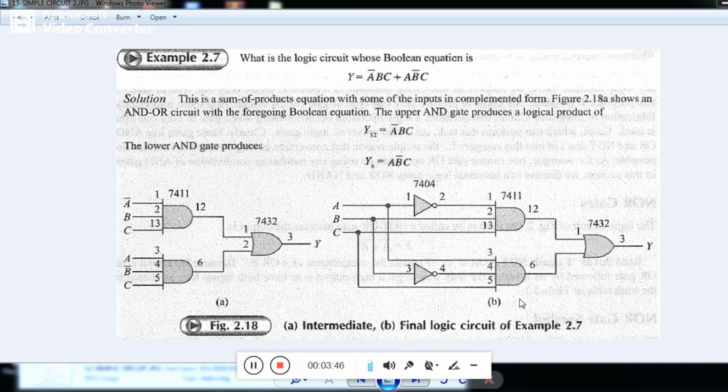So students, now we'll take one more expression and try to draw the circuit diagram for it. The expression is Y is equal to A bar BC plus A B bar C. Let me draw the circuit diagram for this expression first.